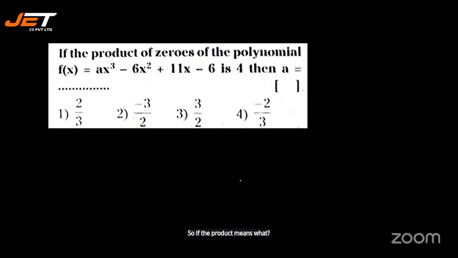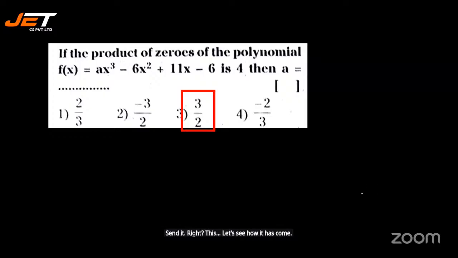C by a, isn't it? So minus 6 by a is equal to 4. So minus 6 by 4 means minus 3 by 2, isn't it? Right? It is, let's see how it has come.